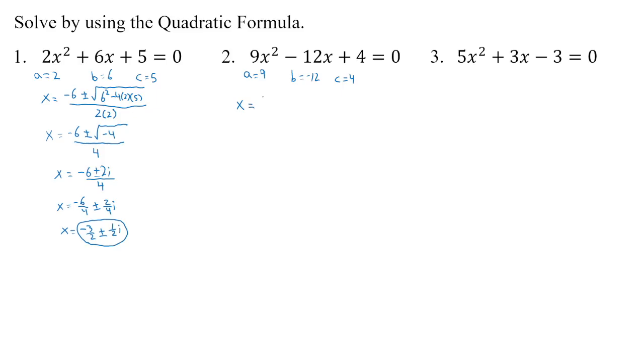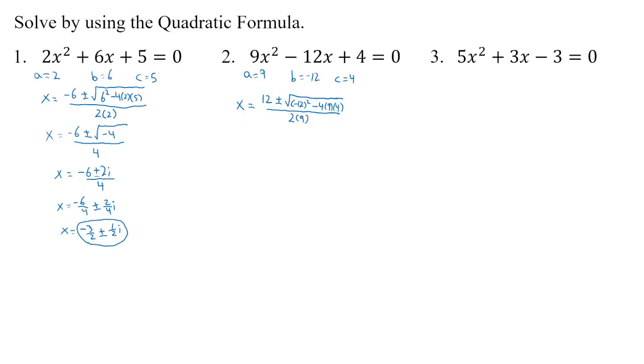So x equals negative 12, which ends up being positive 12, plus or minus the square root of negative 12 squared minus 4 times 9 times 4, all over 2 times 9.